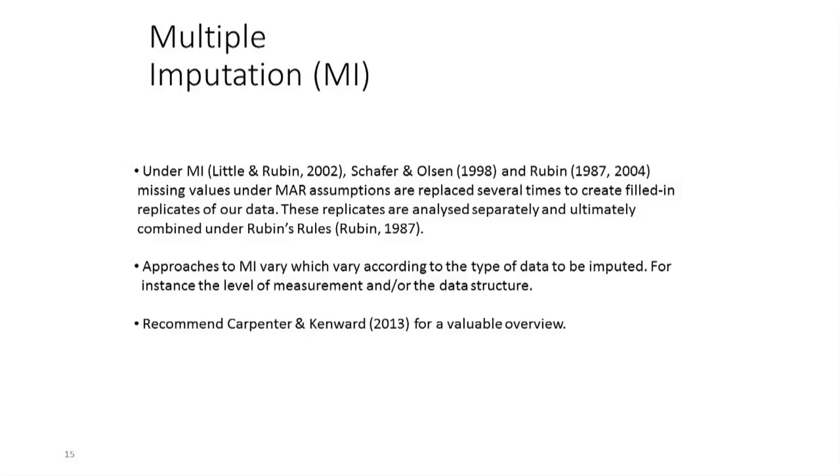Variance estimates are combined using Rubin's rules. It's a fairly good set of routines now in packages like Stata, which allow you to modify your filling-in process according to the type of data, so according to levels of measurement assumptions: nominal, ordinal, or continuous.